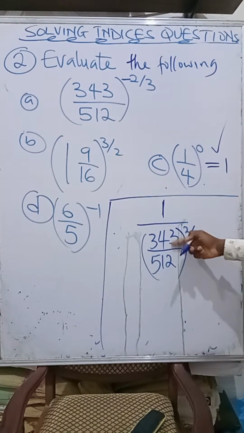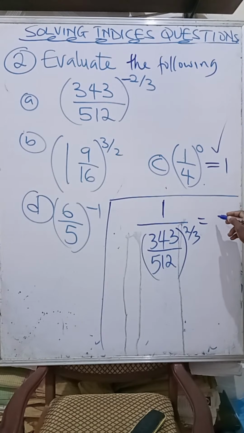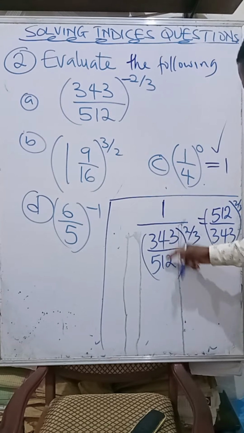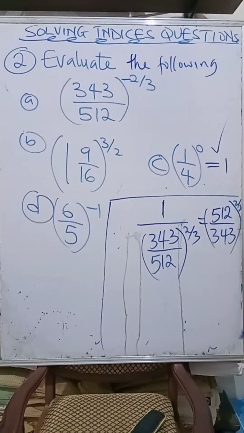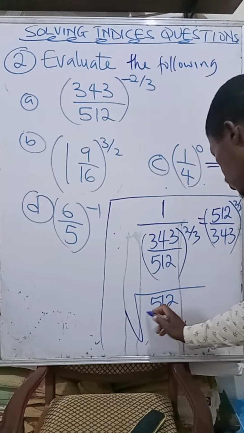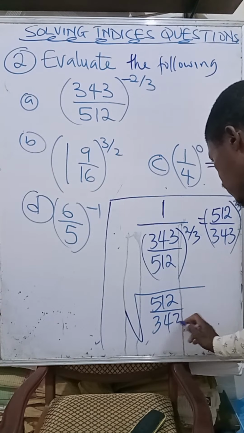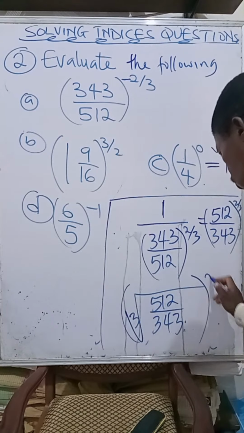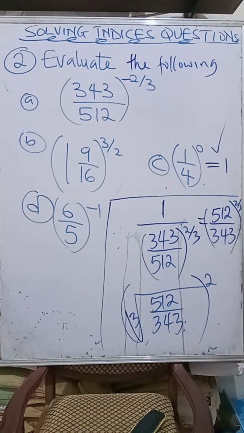So it's going to flip this fraction upside down, and that will be equal to 512 over 343, to power 2 over 3. Okay, it's going to flip because of this 1 over. So, and then we have the cube root of 512 over 343. The 3 here will be here. The numerator will enclose the whole expression. So that's what we have.